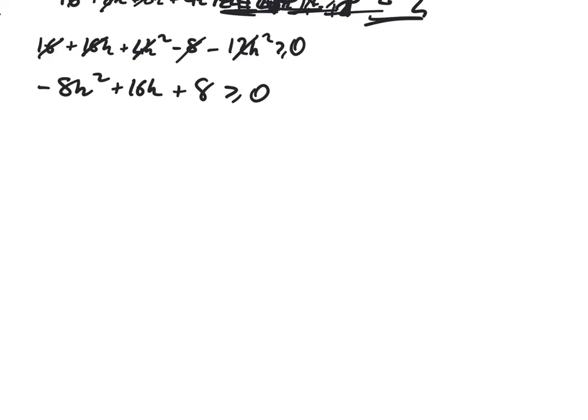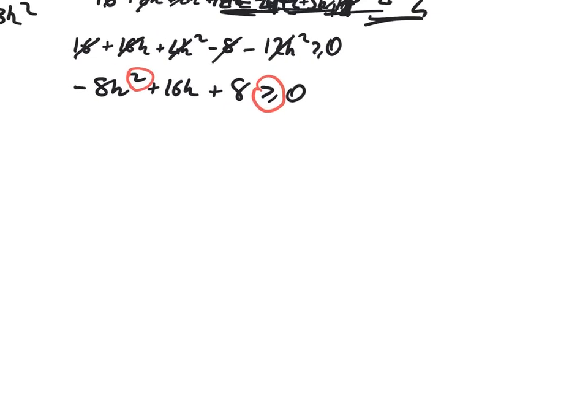Okay, we can see quite clearly now that we've got a quadratic inequality. Therefore, to solve it, we'll need to sketch a curve. Well, the first thing to note is that it's a negative k squared in this case as opposed to a negative x squared, but that means it is absolutely concave down.